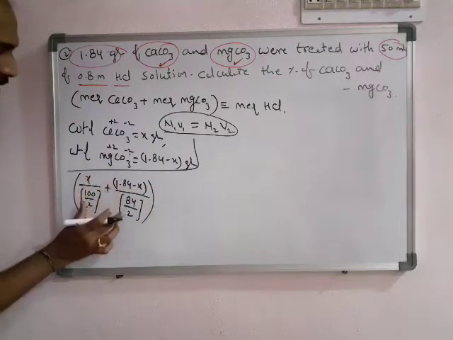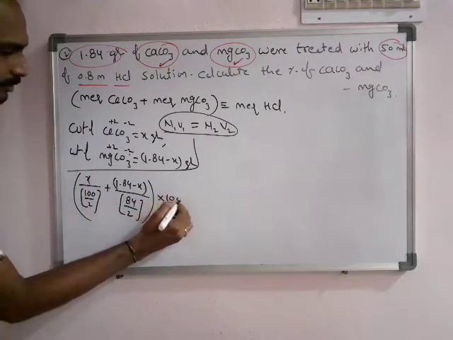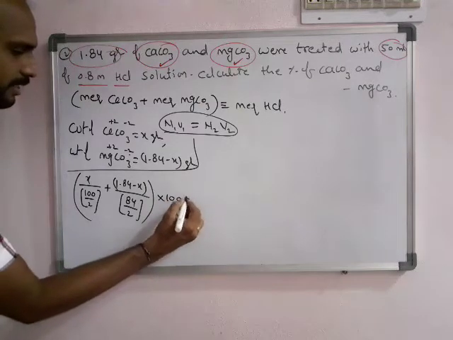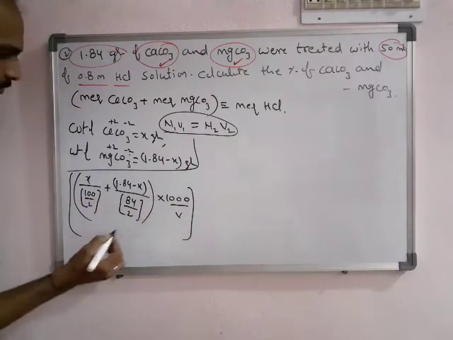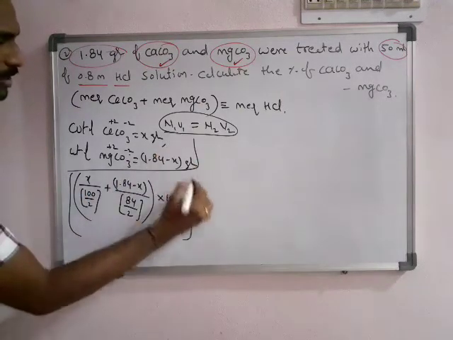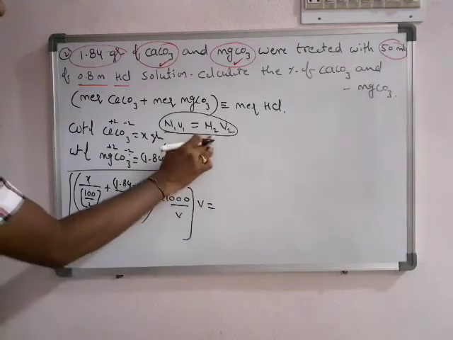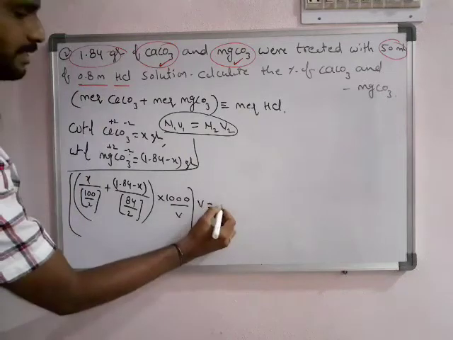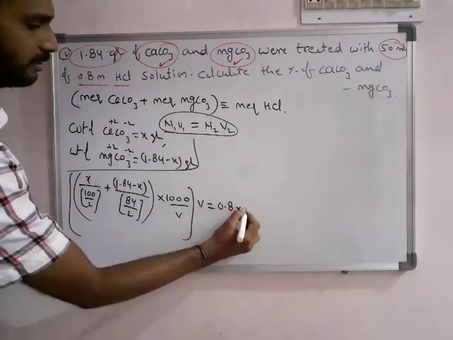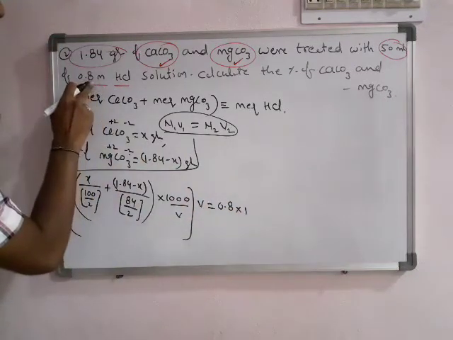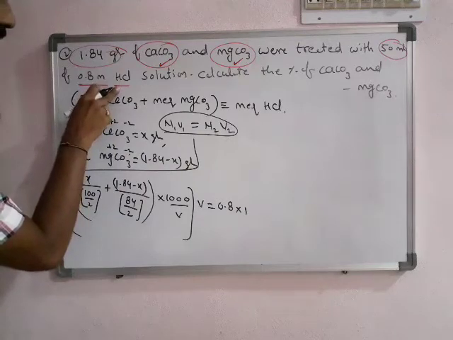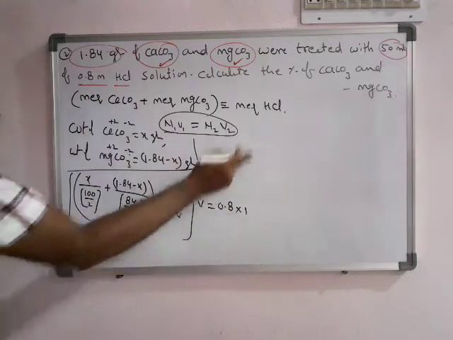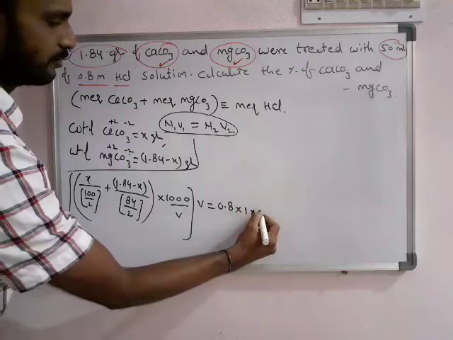These are weight by equivalent weight into 1000 by V milliliter into V, that is equal to N2V2 of HCl. This is for HCl, 0.8 M. Normality means molarity into its basicity, it is 1. What is the volume? It is 50.